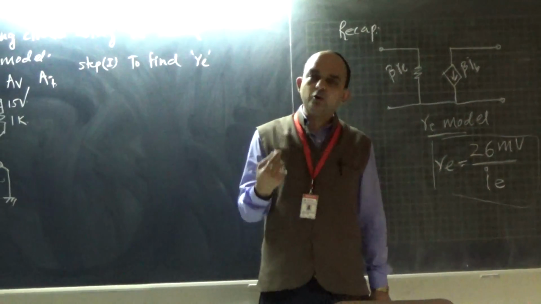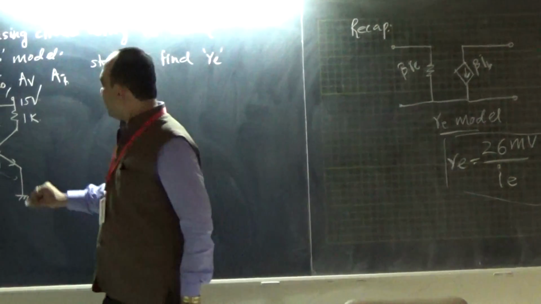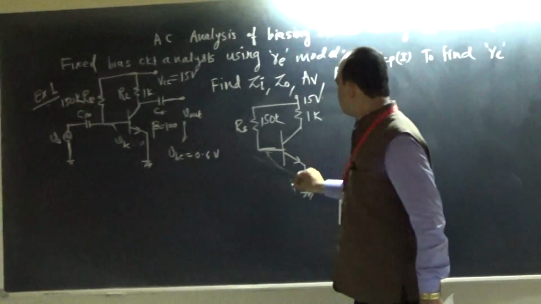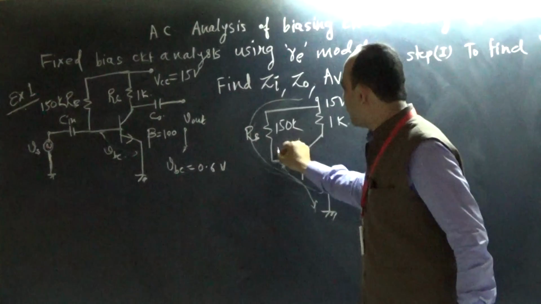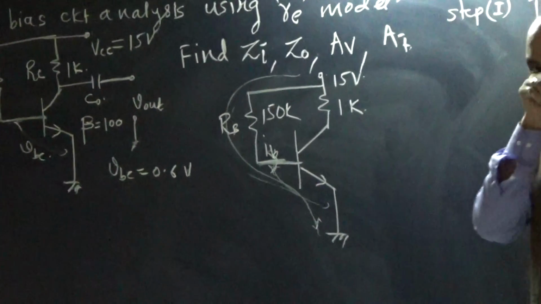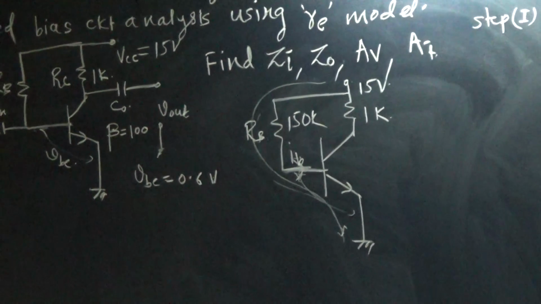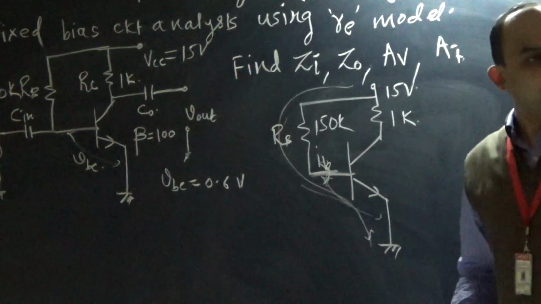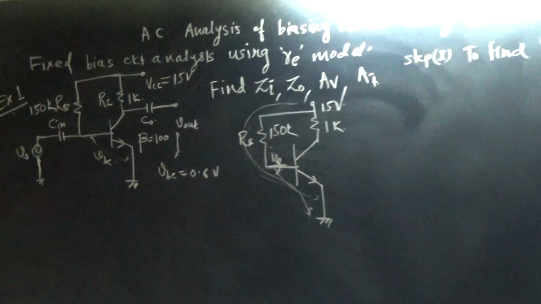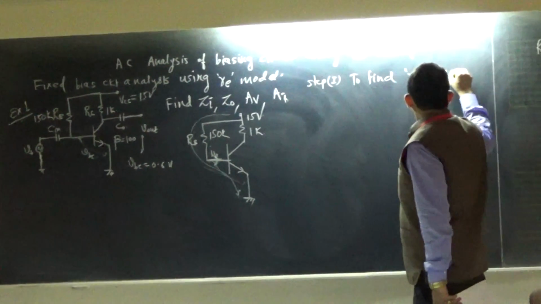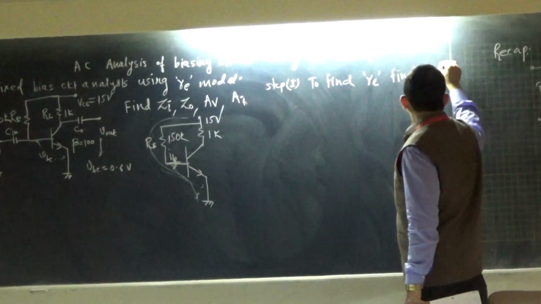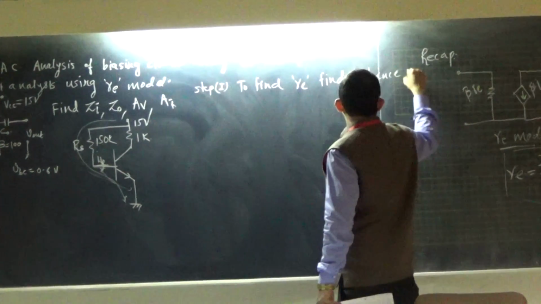I can find IB by using which loop? This is the only loop where IB comes into the picture, because this is IB, the base current which flows inside the base. All of you agree? Yes. To find RE, find IE, hence IB.